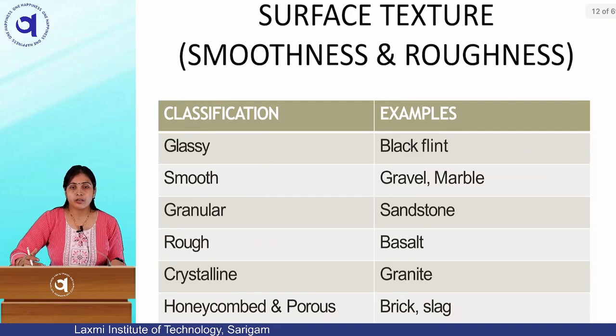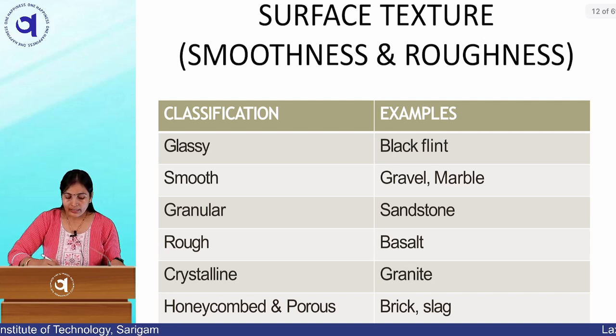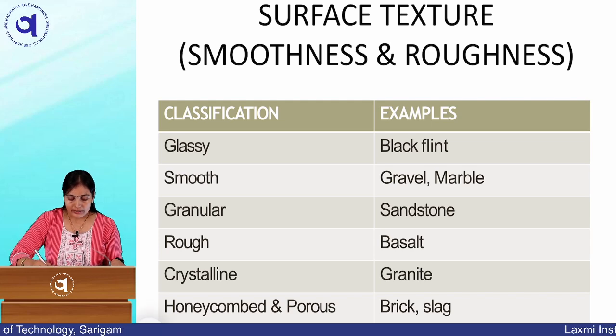If we talk about the surface texture, what it looks like, whether it is smooth or rough, we can talk of an aggregate having a glassy surface, for example black flint. Then a smooth surface: gravel and marble have a smooth surface.